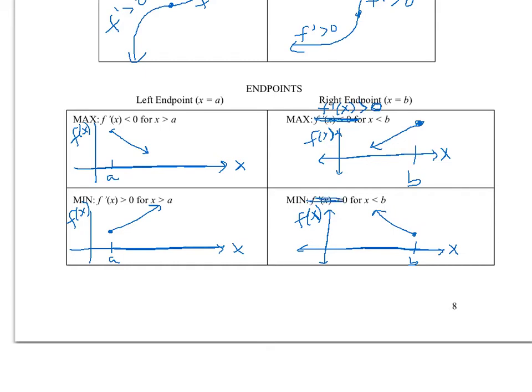And here your derivative would have to be less than 0. So positive slope leading up to that right endpoint for a maximum, negative slope for a minimum. Again, I apologize for the typo, but hopefully it makes sense. It seems pretty intuitive. Don't overthink things too much in this section.